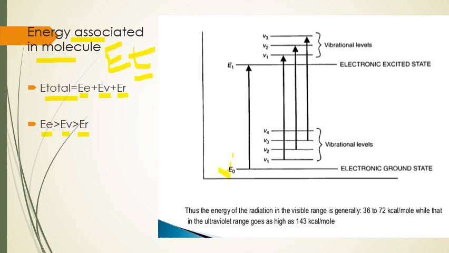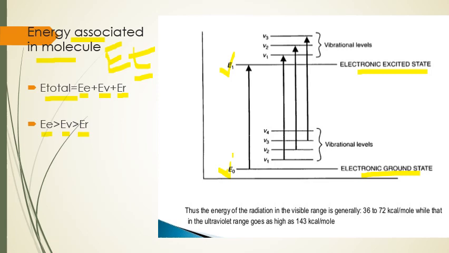E0 is the lower energy state of the electron, and here is the next level, that is E1, and then E2, E3, the electronic excited states. So E0, the electronic ground state, and E1. You are able to see a large difference in this electronic energy level.